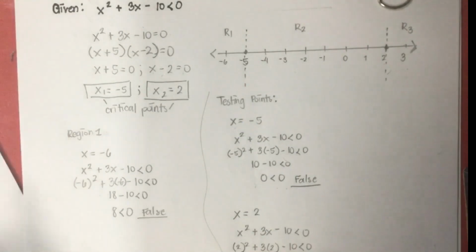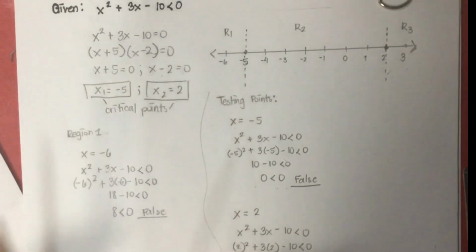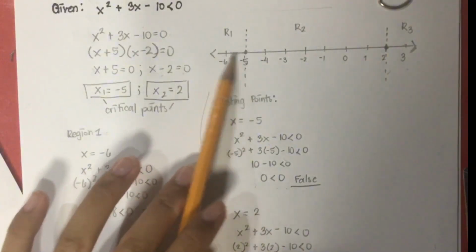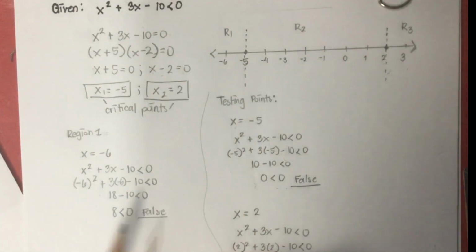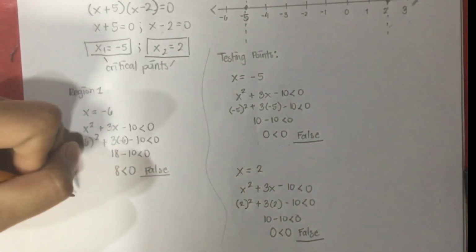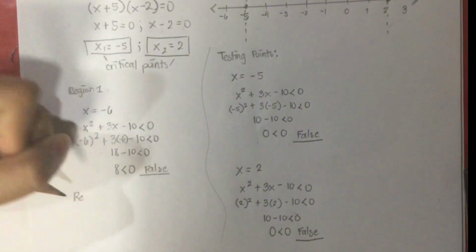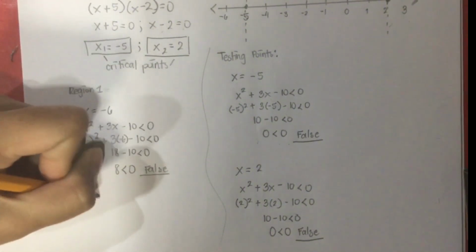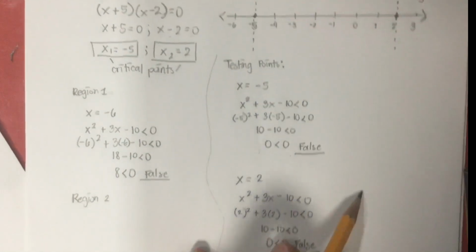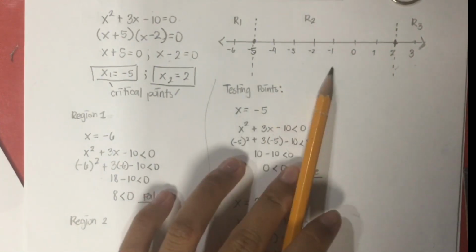Since this is false, we're not going to shade region 1. If it is true, if this is part of the solution, then we will shade the region. But since it is false, we will not be shading region 1. So let's move on to region 2. I'm going to choose any number from region 2.